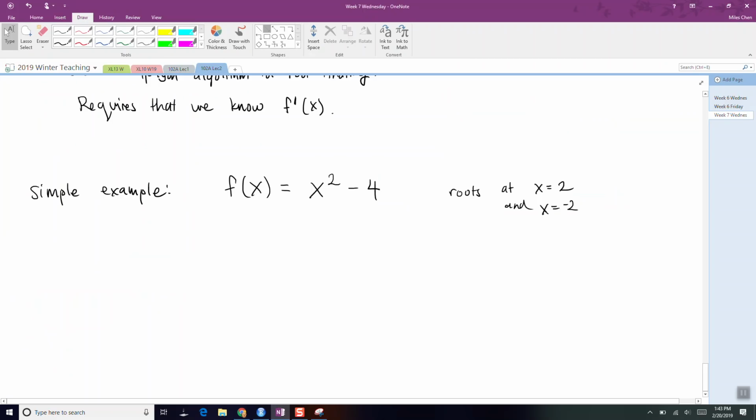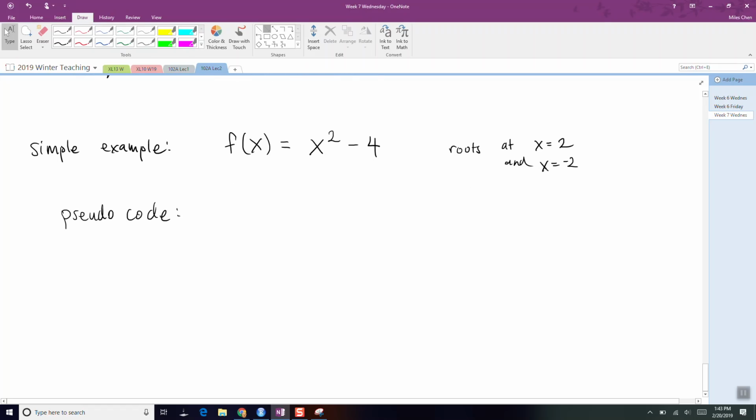Okay, so how would I write my algorithm in pseudocode? I would have basically the same parts: while the absolute value of x old minus x new is greater than some tolerance level, we're going to update our things.